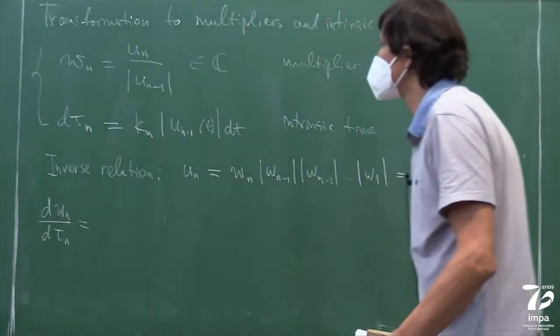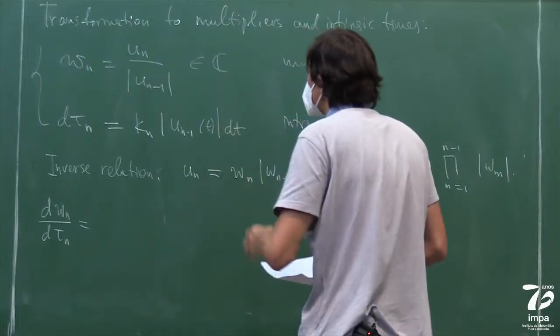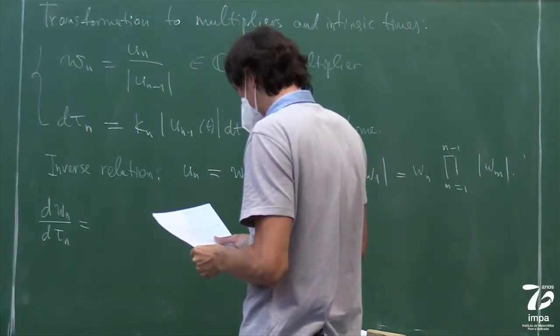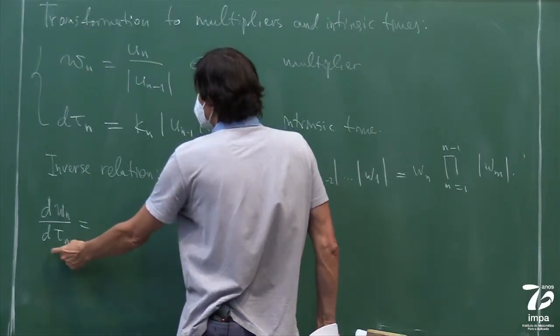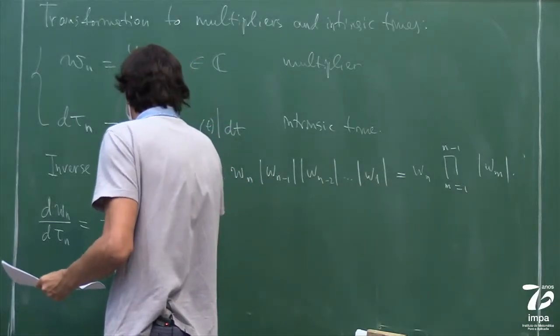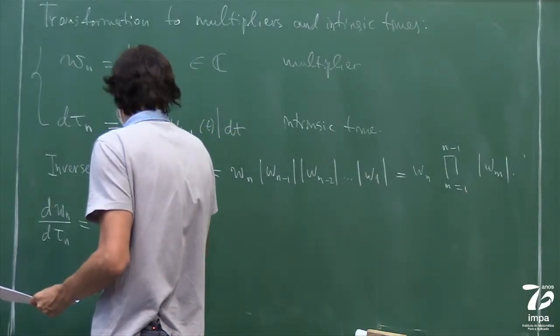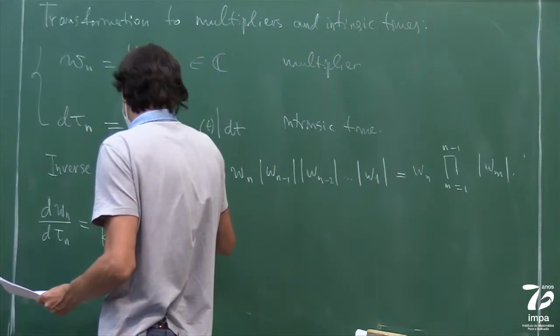I will not give you the full detailed derivation, but I'll give you the main steps that you can check. So how do you do it? First of all, what is d tau n? You can substitute this second formula. So it will be 1 over kn modulus of un minus 1, right?